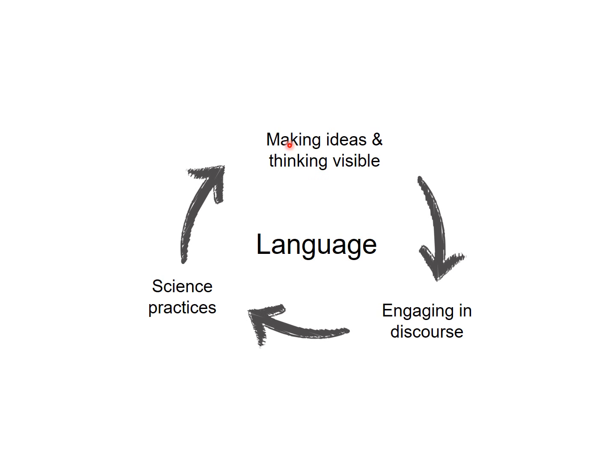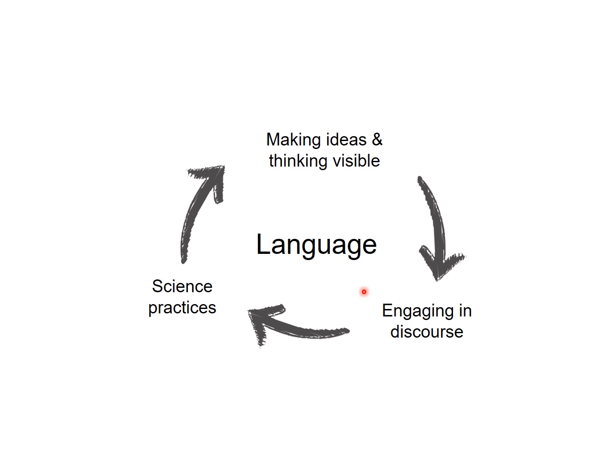In talking about ambitious science teaching, one of the foci for this effort is making student ideas and thinking very visible. Anchoring events is the start of that process, because we're giving students an opportunity to examine a scientific phenomenon and to use that to anchor their learning. Now, a big part of ambitious science teaching is engaging in discourse.